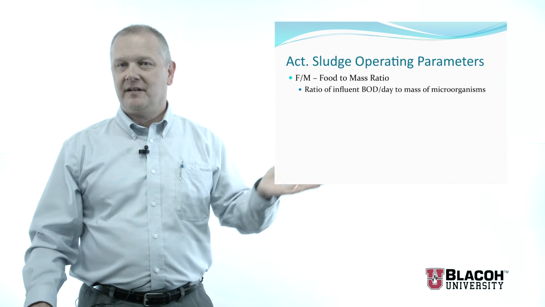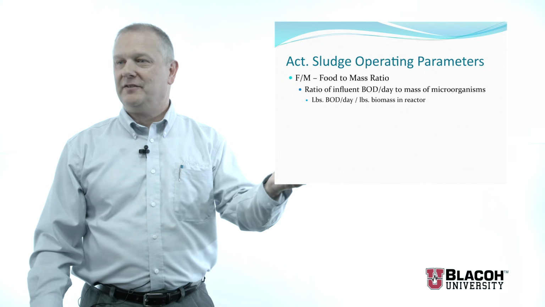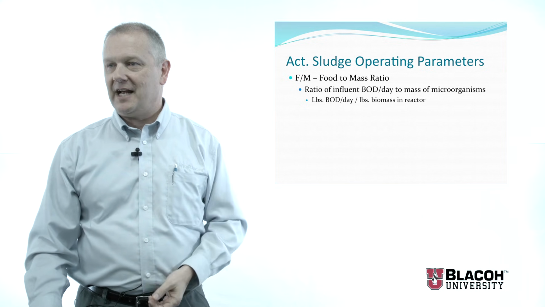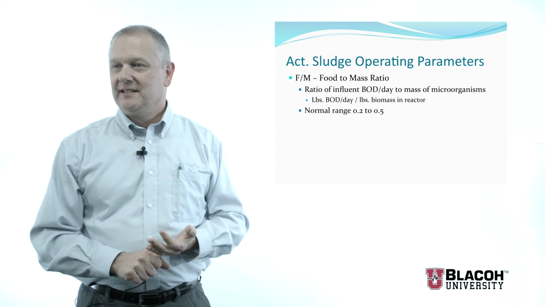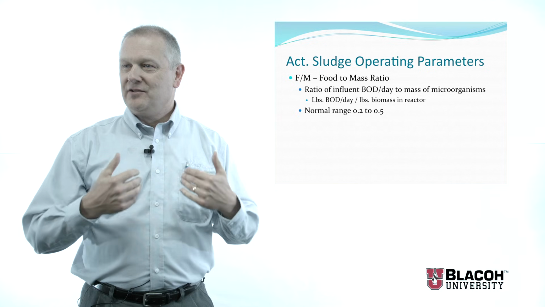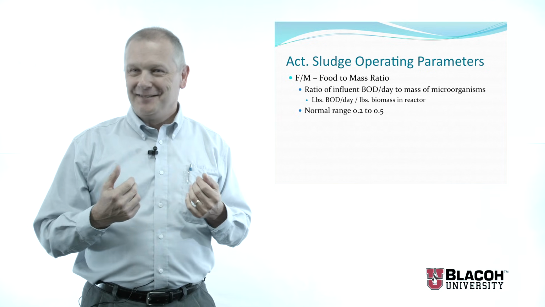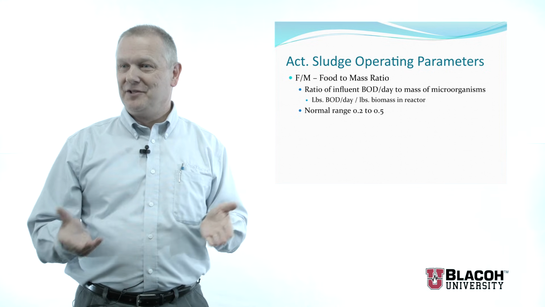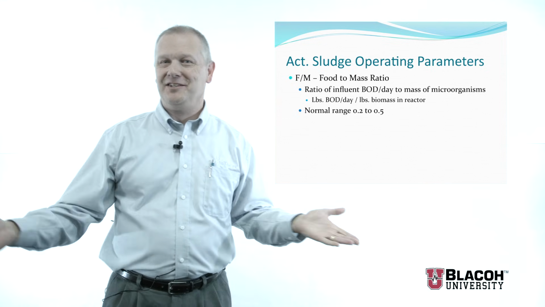Same is true of microorganisms. This is measured in pounds of BOD per day divided by pounds of biomass or solids in the reactor. Normal range is 0.2 to 0.5. You or I couldn't eat 20 to 50% of our body weight in food every day, but microorganisms do. They have much higher metabolisms than you or I do, which is lucky because otherwise we'd be drowning in waste in the world, right?